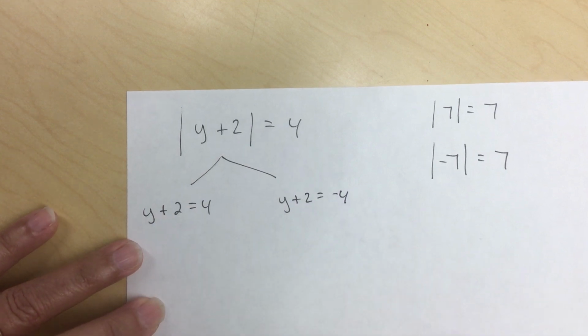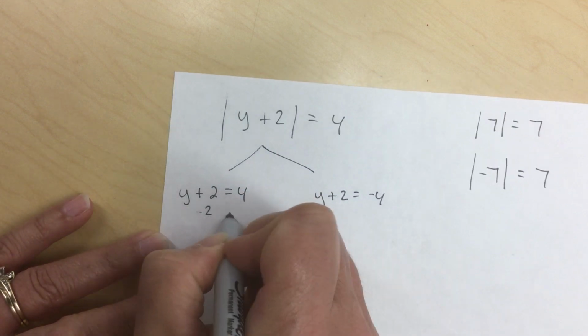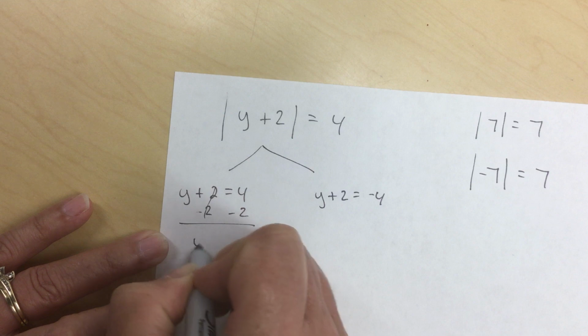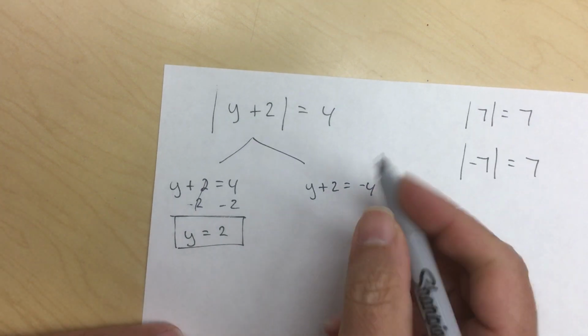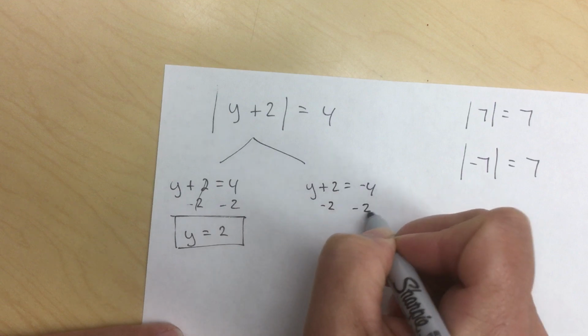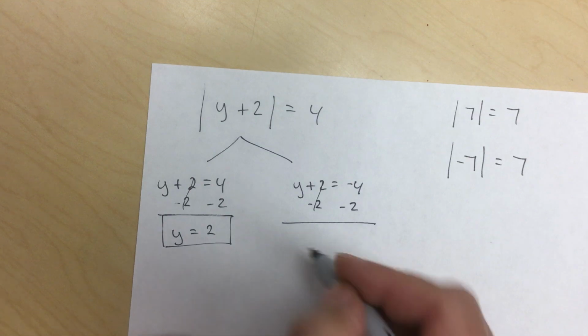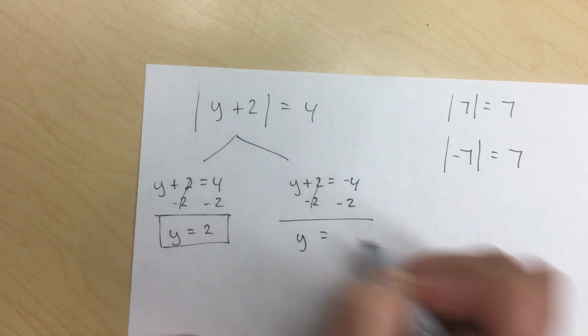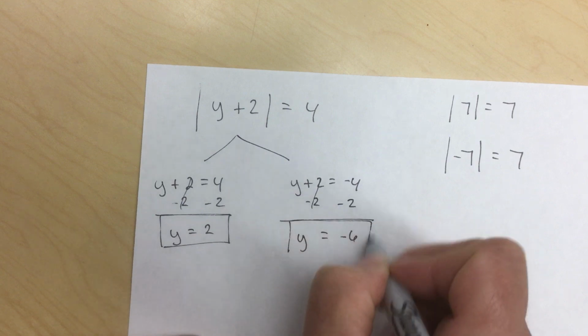Then you just have two simple equations to solve. So I come over here, I solve this, subtract 2 from both sides. That gives me y equals +2. And over here, I also subtract 2 from both sides. You should get different answers, though. If you don't get different answers, you've done something wrong. So you bring down the y, bring down the equals. -4 minus 2 is -6.